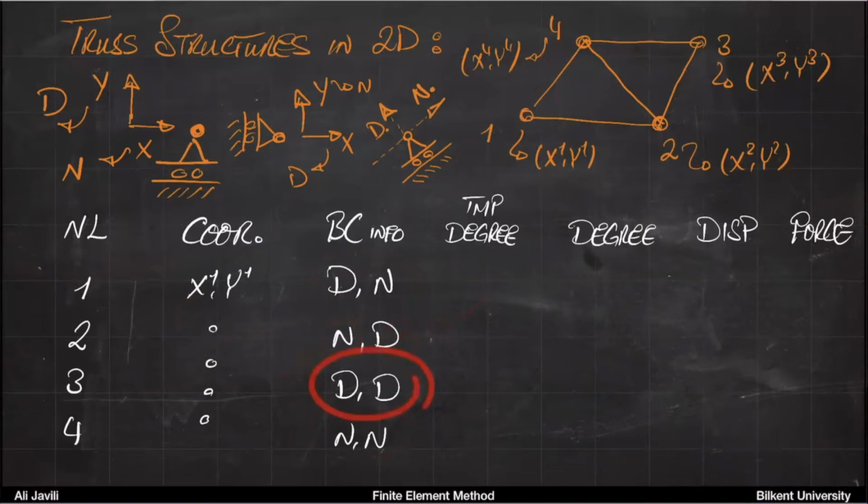This means the node is completely fixed, so it is Dirichlet in both directions. In which case, this means you just have a usual fixed support like this. And then if it is both Neumann, it means it's a free point in the air. So it is not constrained in any of the two directions.